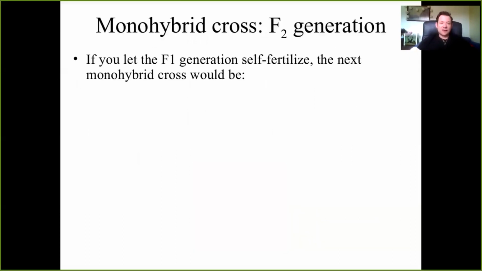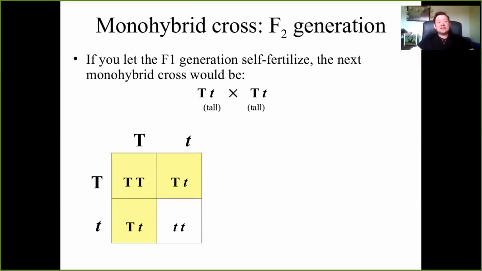So the F2 generation. If you let the F1 generation self-fertilize, the next monohybrid cross would be big T with a little t against a big T with a little t. Phenotype all tall. And you would get this. A quarter of the second generation of the cross would contain two big T's, a quarter would contain two little t's, and the other half would be big T, little t.